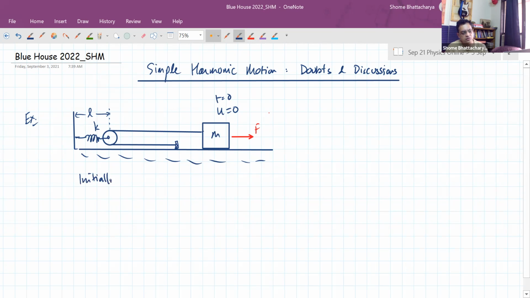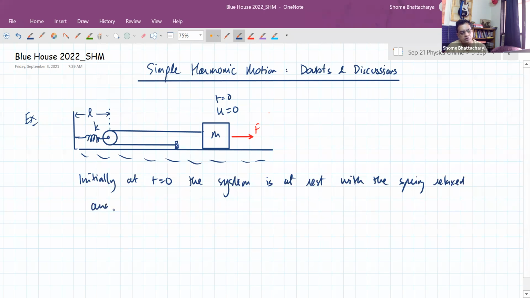So initially at t equal to 0, the system is at rest with the spring relaxed. And now a constant horizontal force F starts to act.